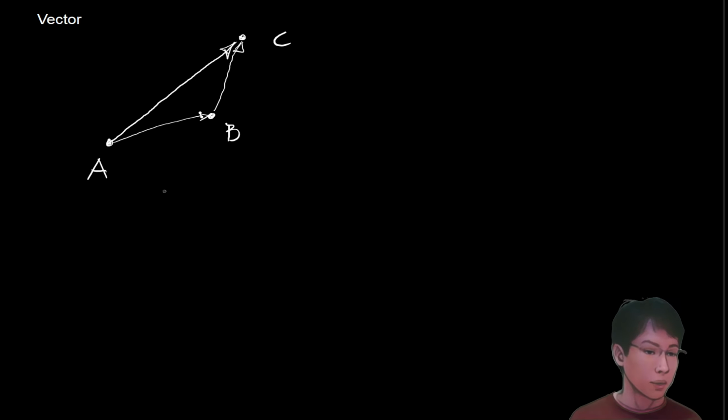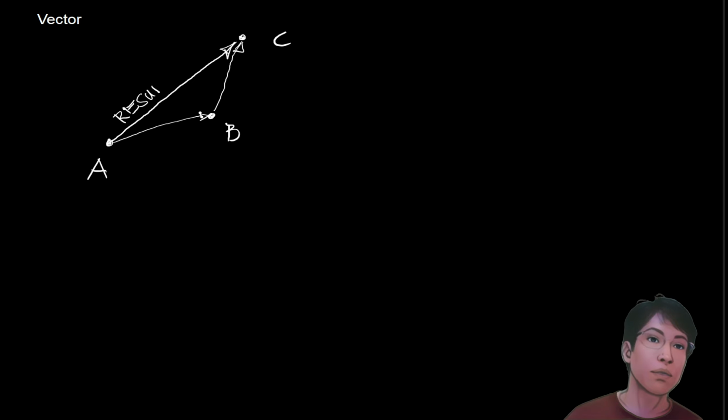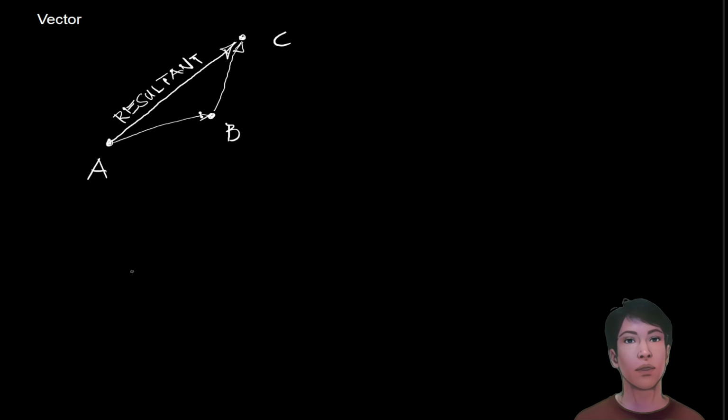The displacement A to C is your resultant. Let me write that here: resultant. And it doesn't matter which one is first. It can be B to C and then A to B, and you will still reach the same resultant.